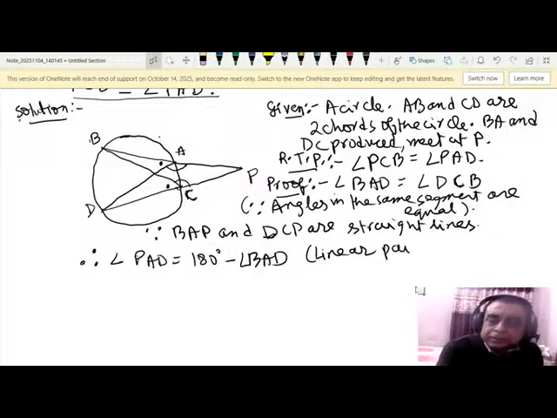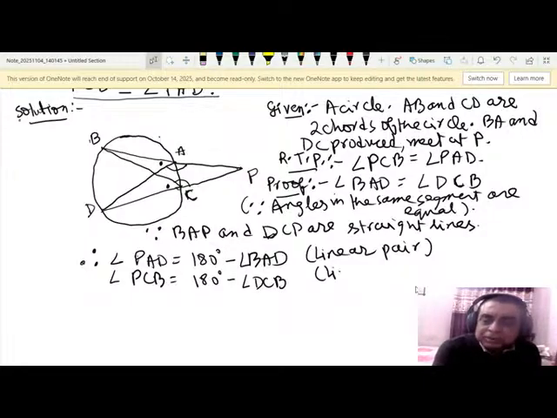Linear pair. Okay. And this angle PCB value is 180 degrees minus DCB. This is also the same reason, linear pair.